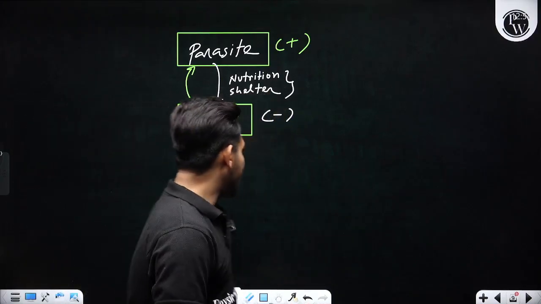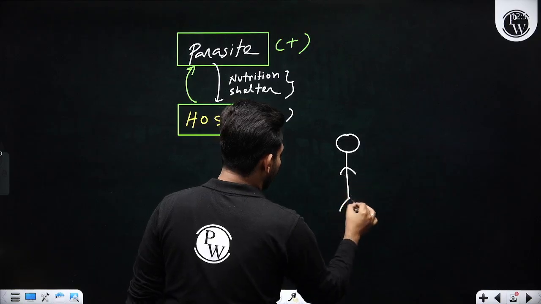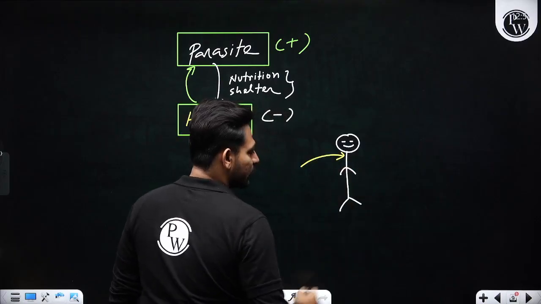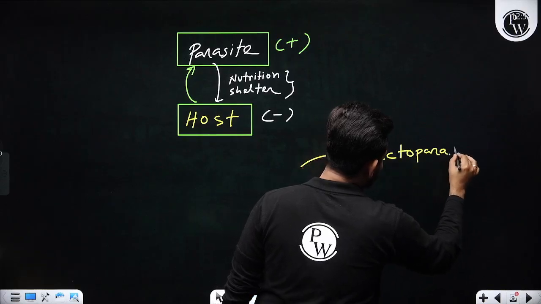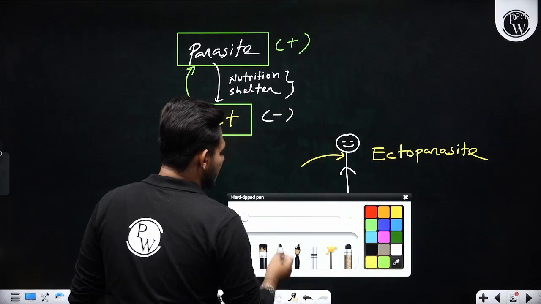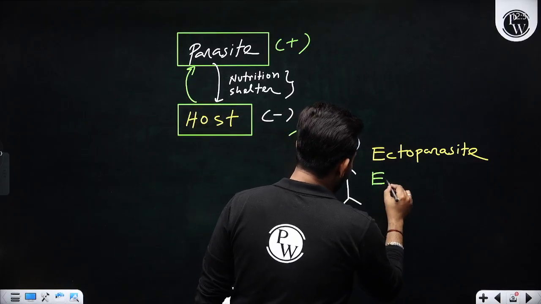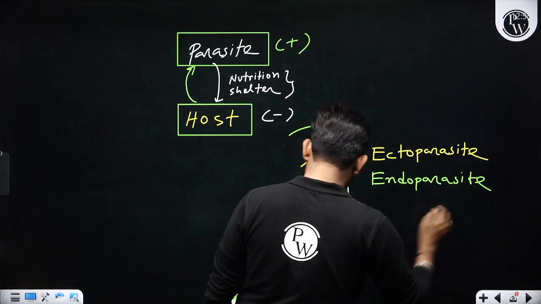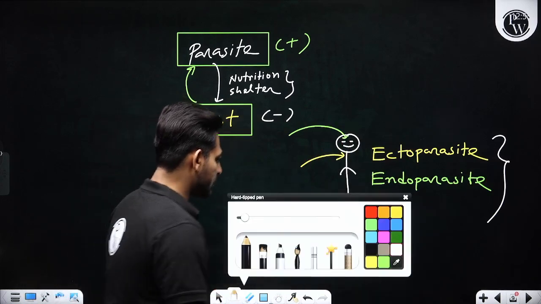Now these parasites may attack you from outside, so we call these ectoparasites. If the parasite is entering into your body, then we call that parasite an endoparasite. So parasites can be either ectoparasitic or endoparasitic in nature.